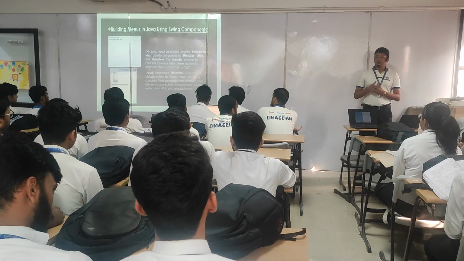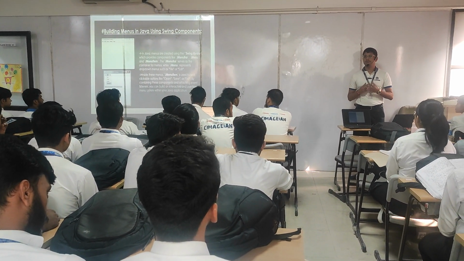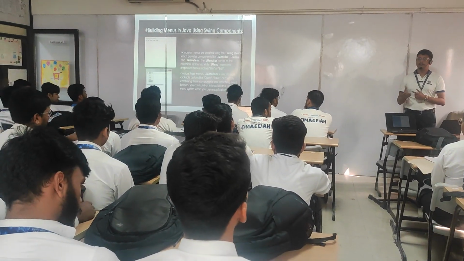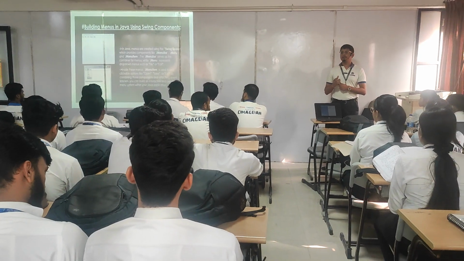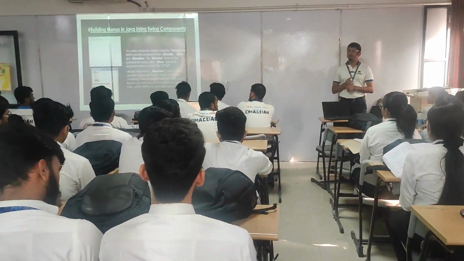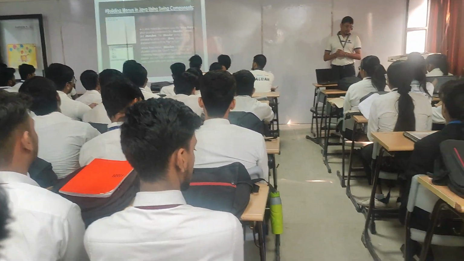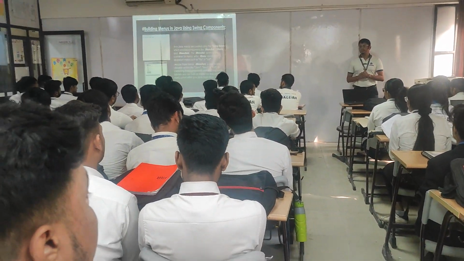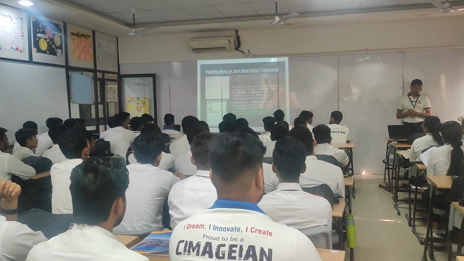JMenuBar is basically a container which contains various menus like file, edit, option, etc. JMenu helps us to create an individual category of menu like file, edit, insert and all. And lastly, the JMenuItem is like a sub-option of a menu which you put in every option.